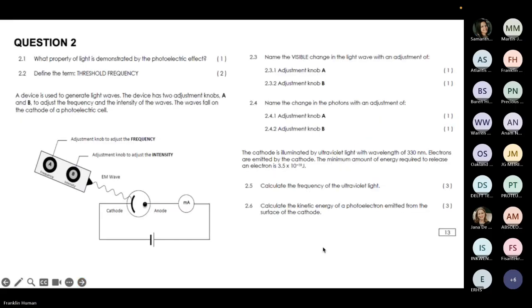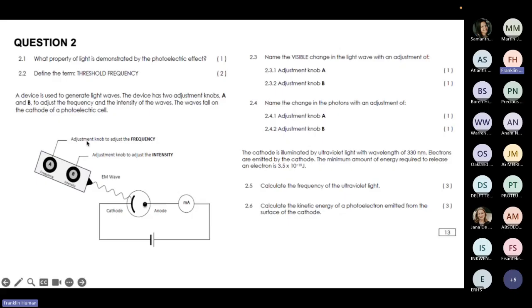Right, let's move on. Just quickly, before I give you some more time to work on these questions, learners will notice that this diagram given over here is a diagram of the simulation that I showed you earlier, where we have 2 controls, one for frequency. In our simulation, our slide control was for wavelength, but it doesn't matter, because we know that specific wavelengths relate to specific frequencies.